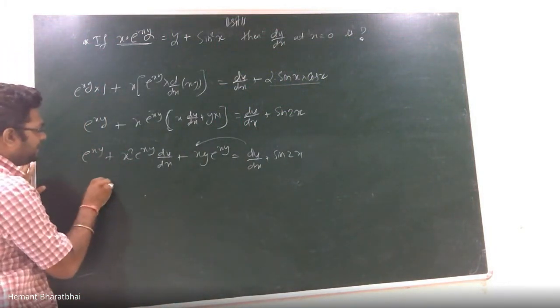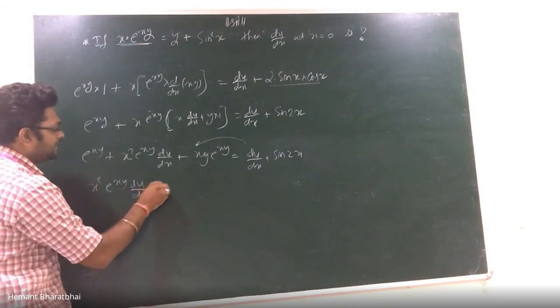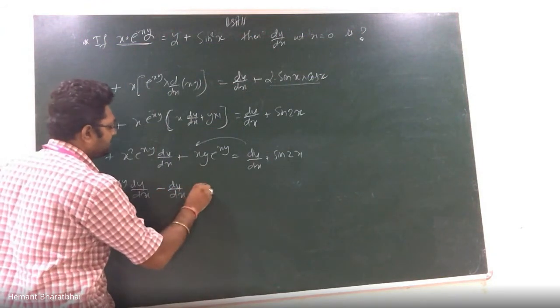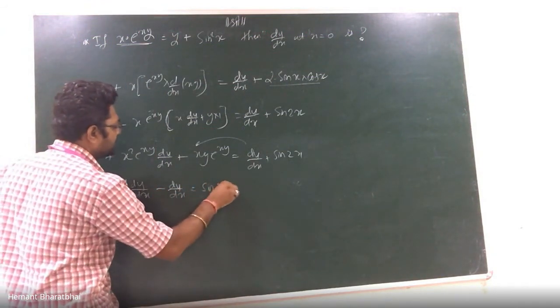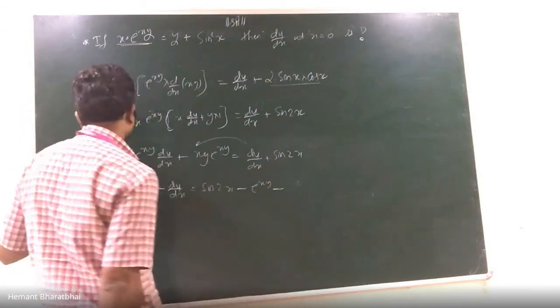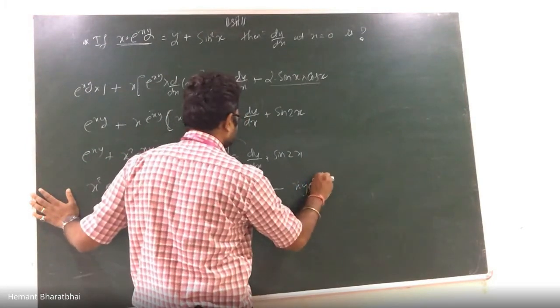Therefore, I'll get x square into e raised to xy dy by dx minus dy by dx is equal to sine 2x minus e raised to xy minus xy into e raised to xy.